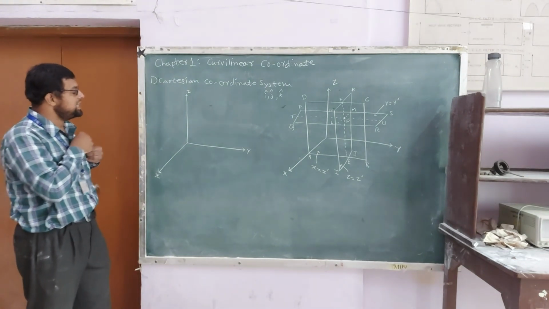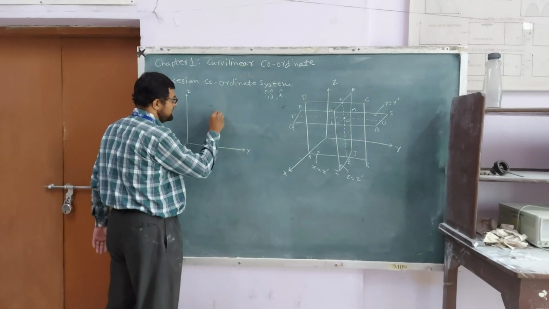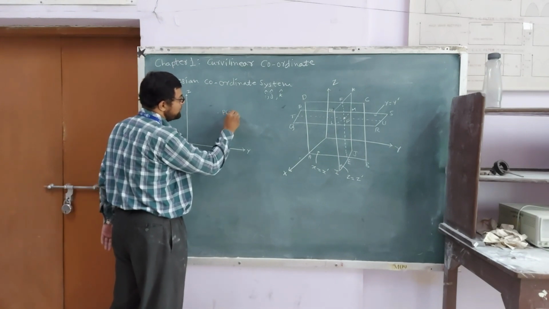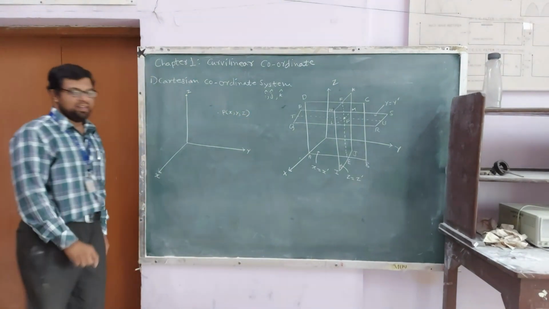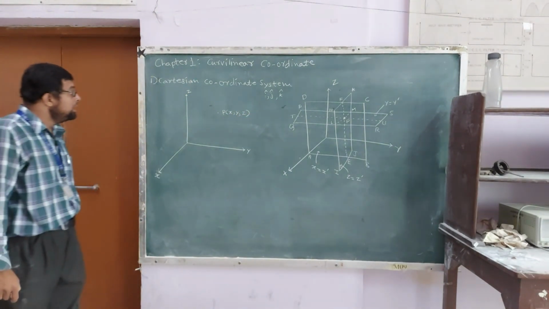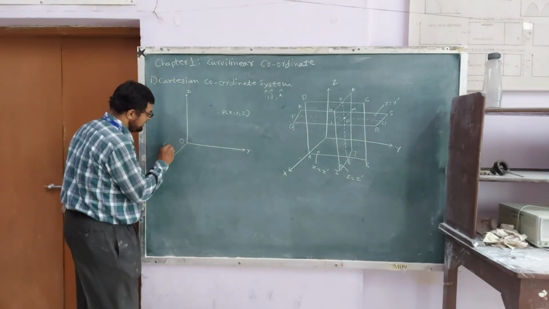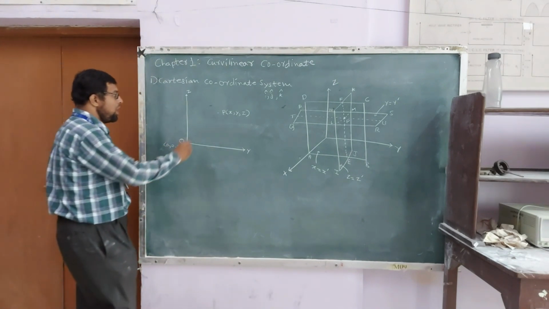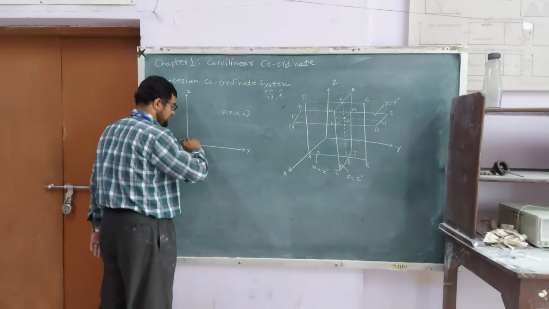So if I consider a point here, say point capital P, then I will consider the coordinates of this point capital P as x, y and z. Okay. And this is our origin, of course, that is nothing but 0, 0, 0. So I will draw a position vector from O to P. So it will be like this.